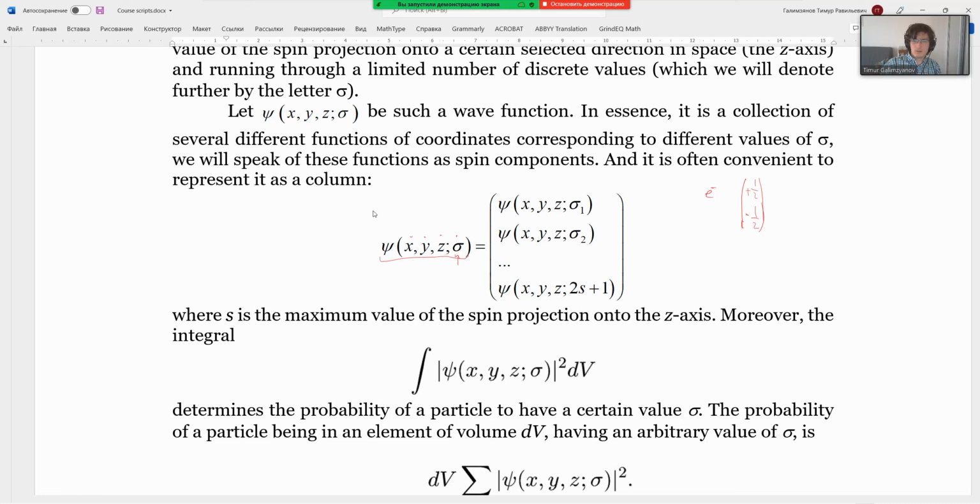The first component gives us the probability of the particle to have spin sigma 1. The next component gives us the probability of the particle to be in the state with spin equal to sigma 2, and so on.